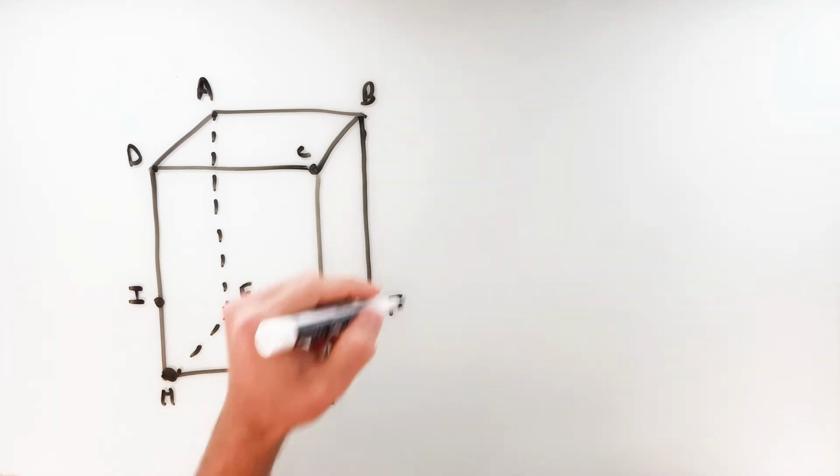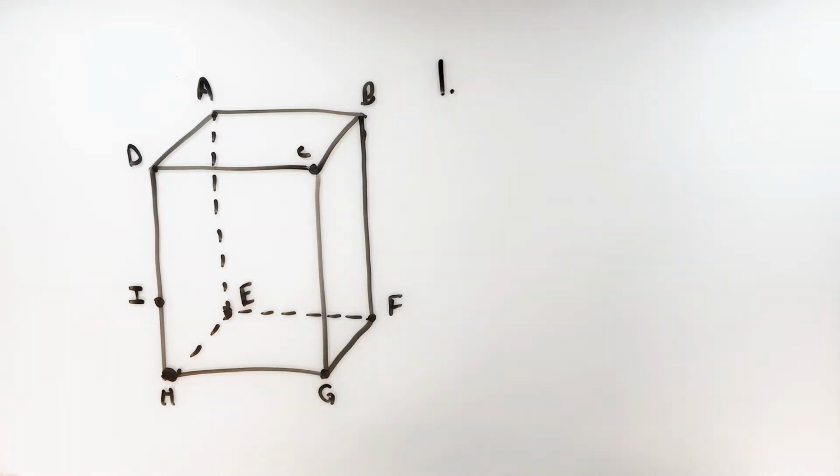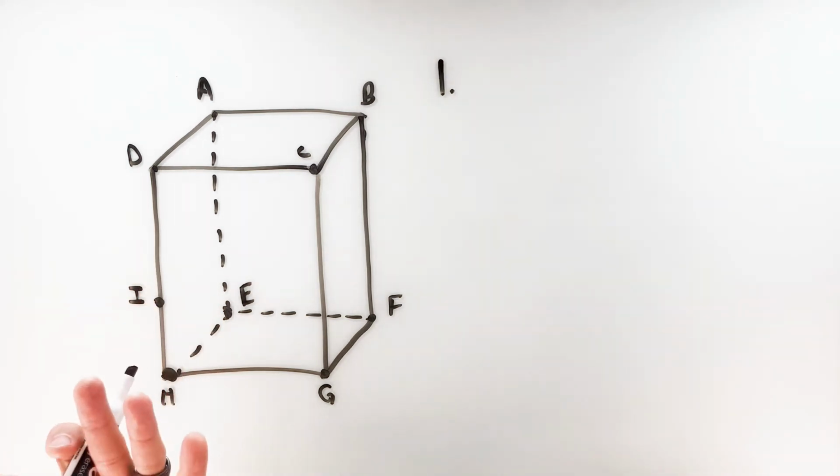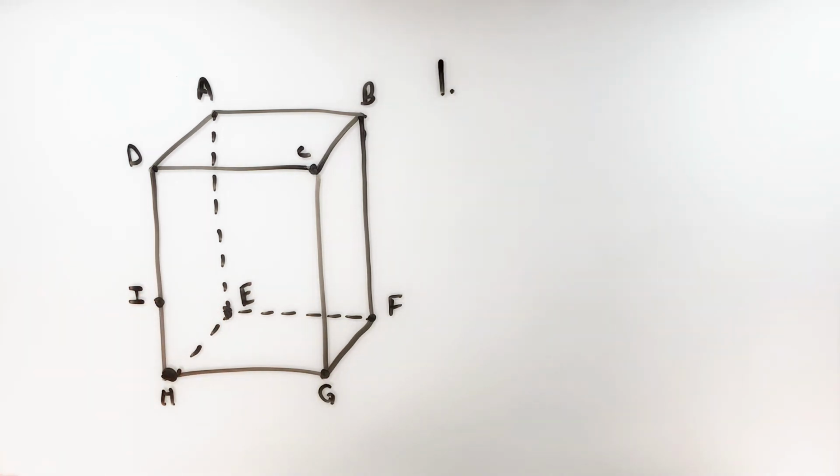So first is I want to name the front right vertical line. Okay, front right vertical line. Vertical means up and down. The front right vertical line.